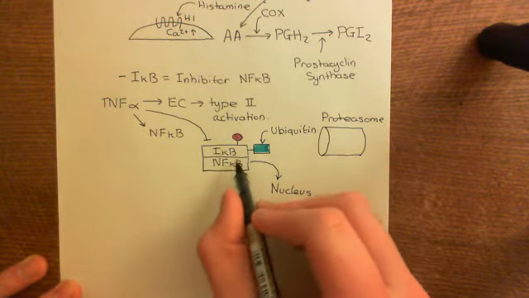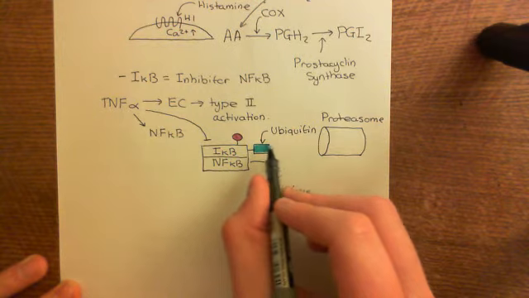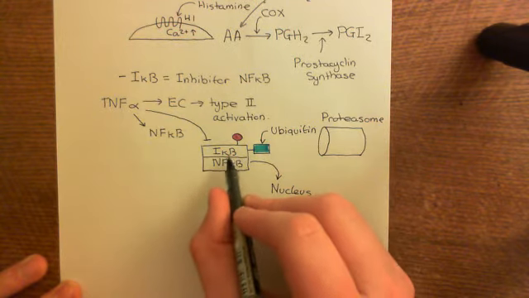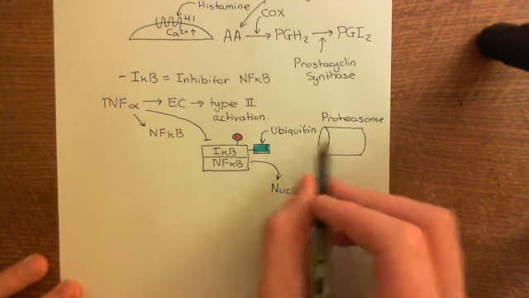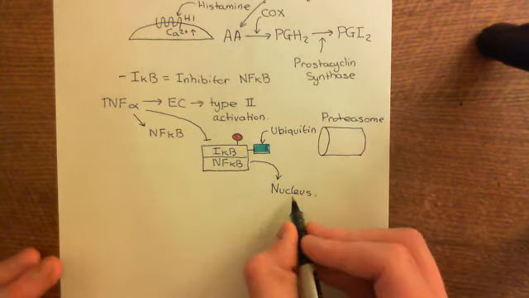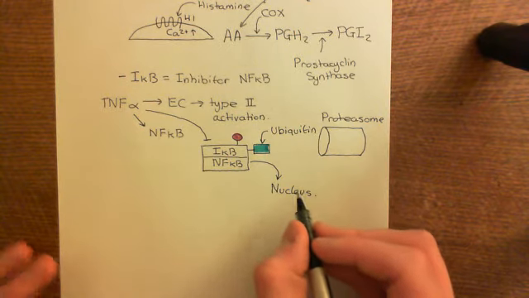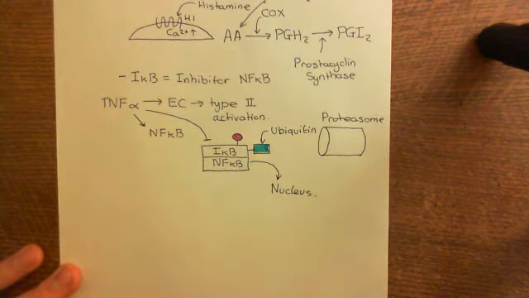And then eventually the NF-kappa B will just break off, because gradually the protein is being destroyed more and more, and eventually the portion that the NF-kappa B is bound to will be destroyed and pulled through the proteasome. And therefore the NF-kappa B will just dissociate off, and therefore it will be free to go to the nucleus.